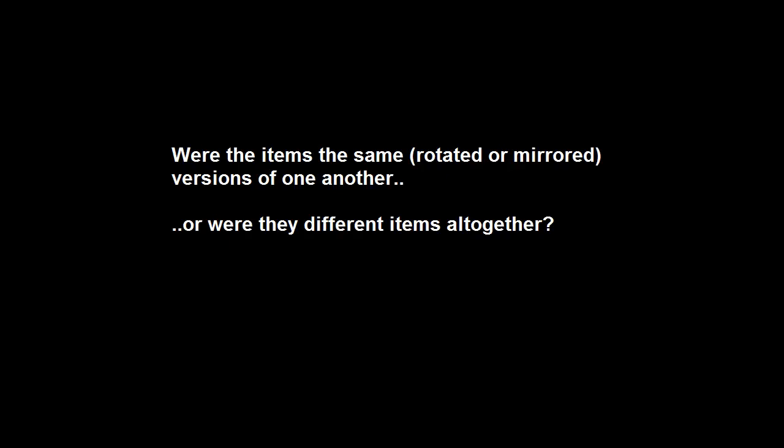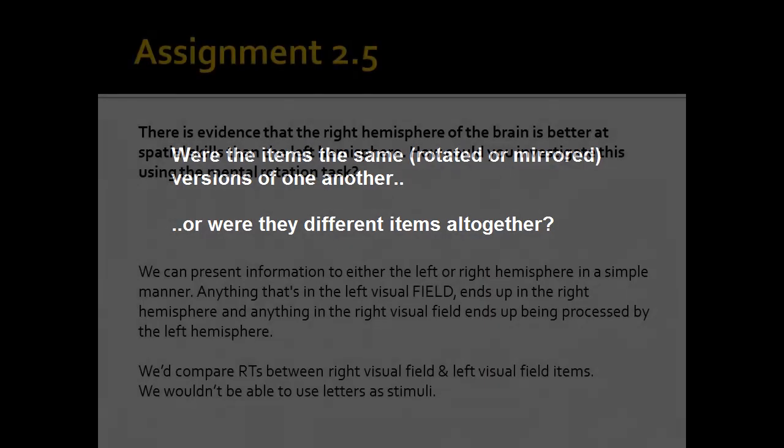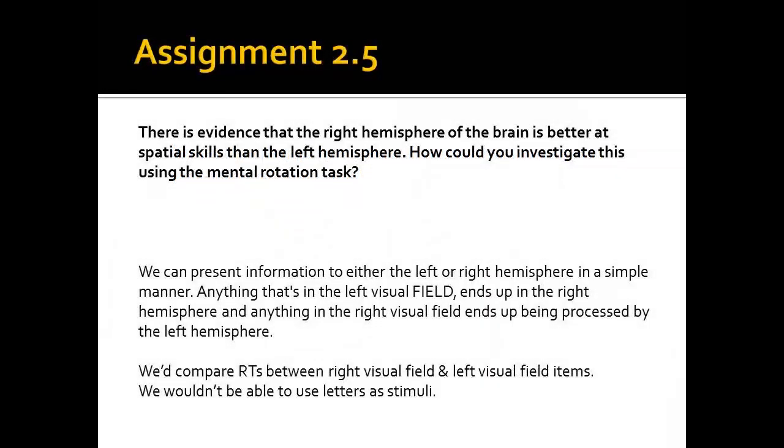So, how did you do? Did you get it? Well, maybe you did. The second stimulus, after all, was presented in your left visual field. And that means that your right hemisphere processed the information for that second stimulus. And the stimuli were indeed rotated, identical versions of one another.